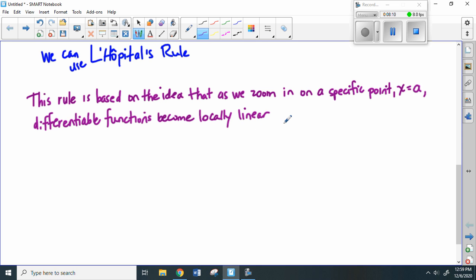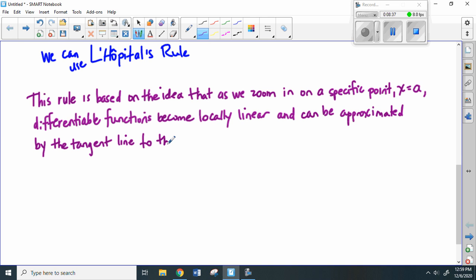When you do that, that function can then be approximated by the tangent line to the function at that point.